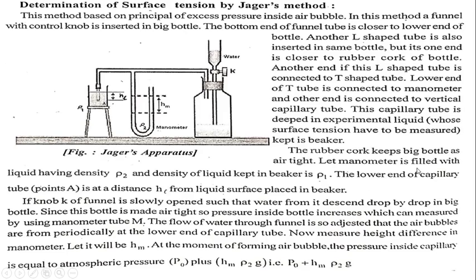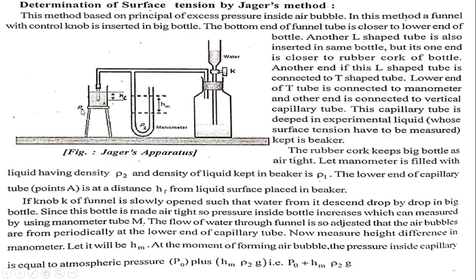Let manometer is filled with liquid having density rho 2. See, in the manometer there is a liquid that has the density denoted here by rho 2, and density of liquid kept in beaker is rho 1.